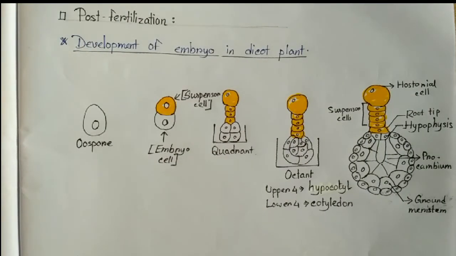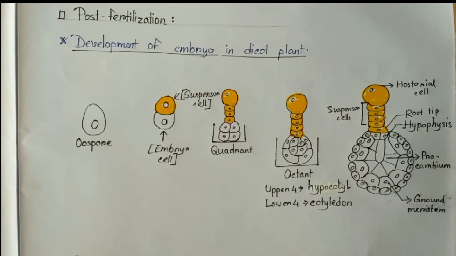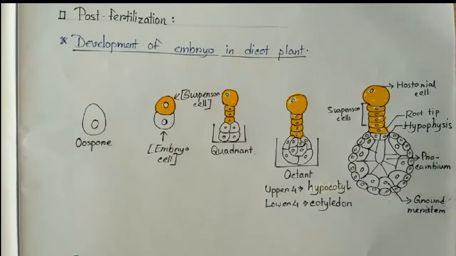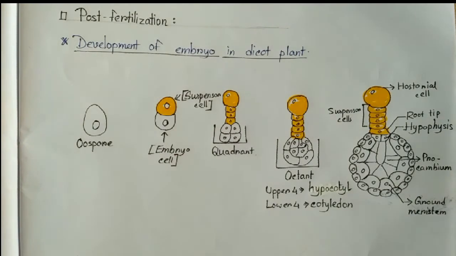After the fertilization procedure, that is after fertilization of ovum and pollen, this procedure is followed in dicot plants. Dicot means plants which have two cotyledons in a single seed, such as peas.